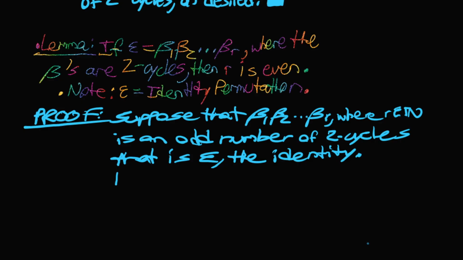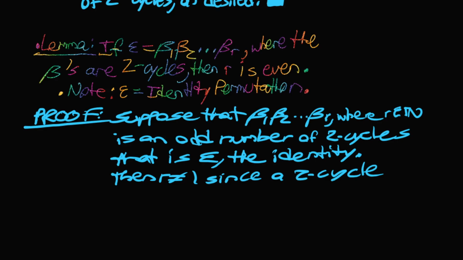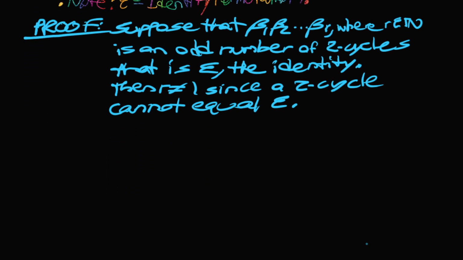So then r does not equal 1, since a 2 cycle cannot equal the identity permutation. So now let's let beta 1 equal (A B).